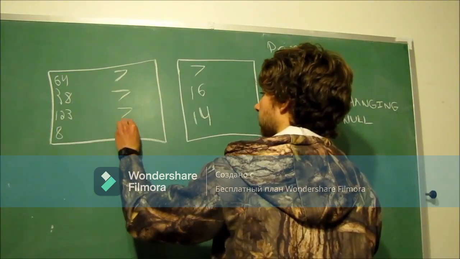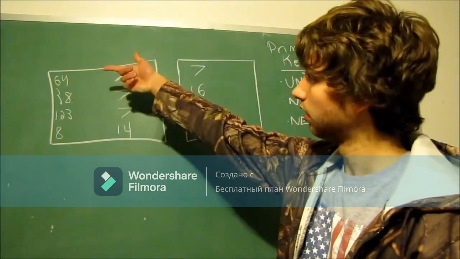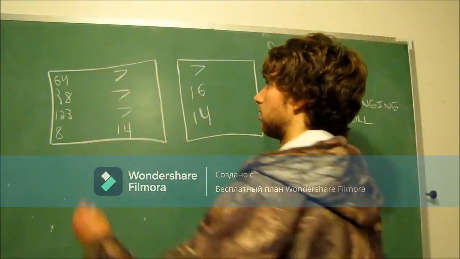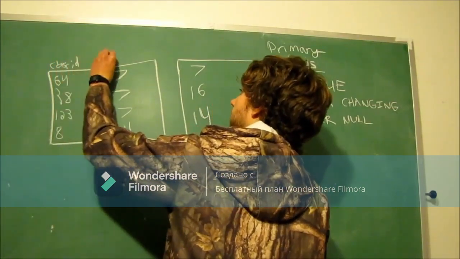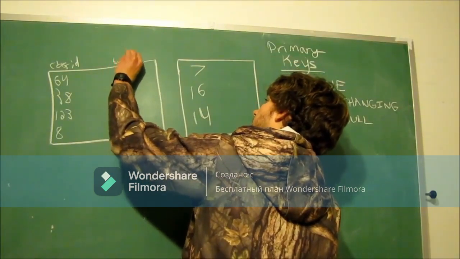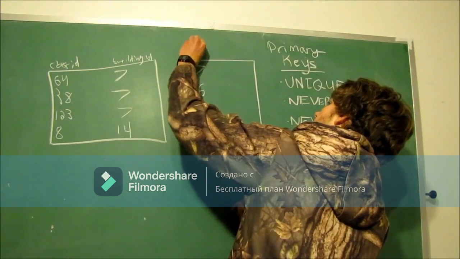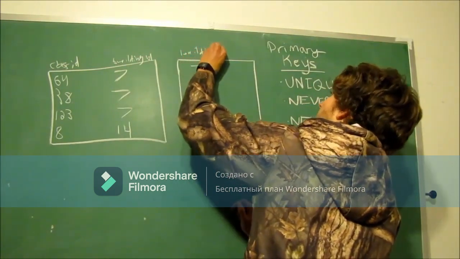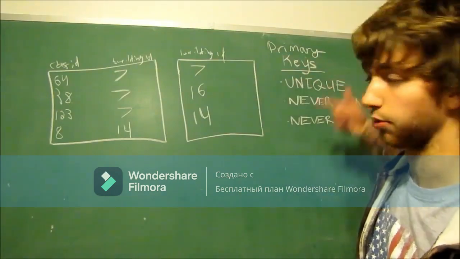So here's just an example. Over here we got the class ID, and we got the building ID. And then we can have more information about the building here if we wanted.